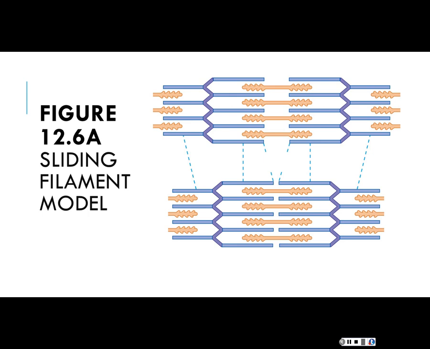The A band, and deep in the middle is our H zone. And on the adjacent side would be the I band. Straight line. Got my I.